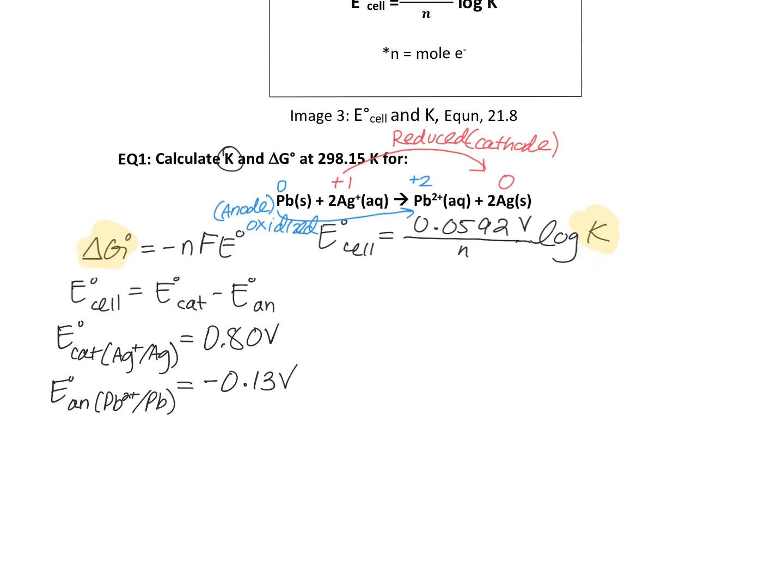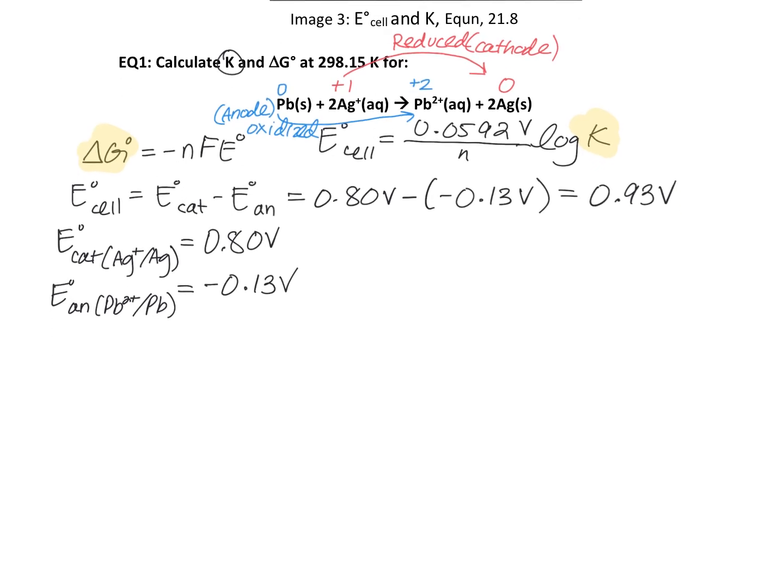So you should all have the same values for the exam. All right, so when we plug this in, I would end up with 0.80 volts minus negative 0.13 volts, which would give you 0.93 volts. It's a positive number, so that means I did plug these in the correct direction to get a spontaneous reaction.